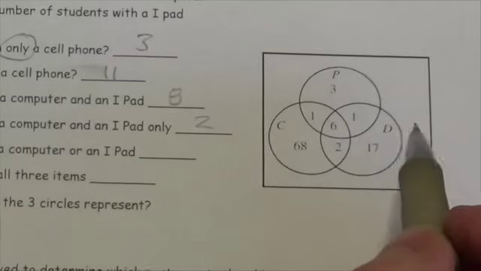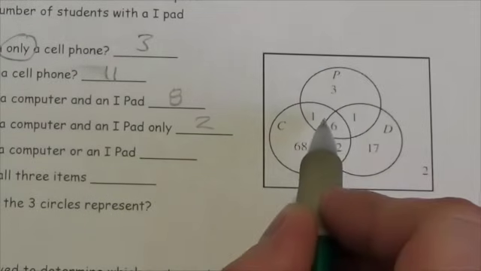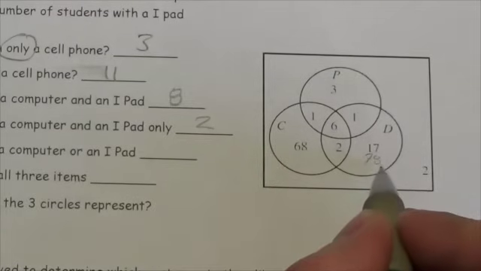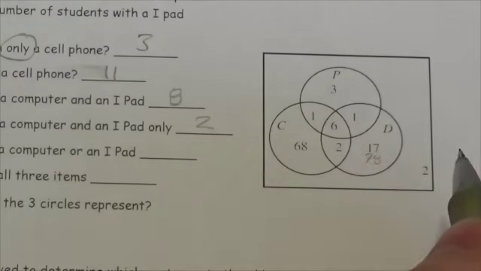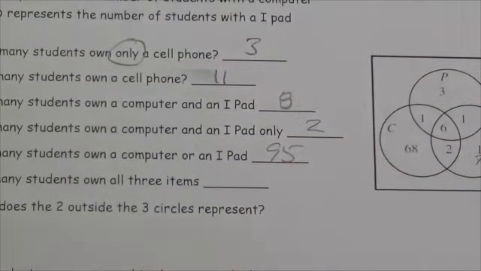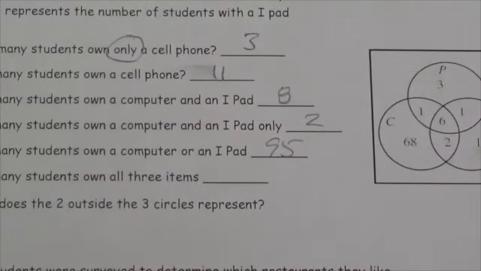So what have I got? We got 68 and 2 is 70, 77, 77 and 1 is 78, and then 78 and 17 is going to give us 95, it looks like. So we've got 95 students who own a computer or an iPad.